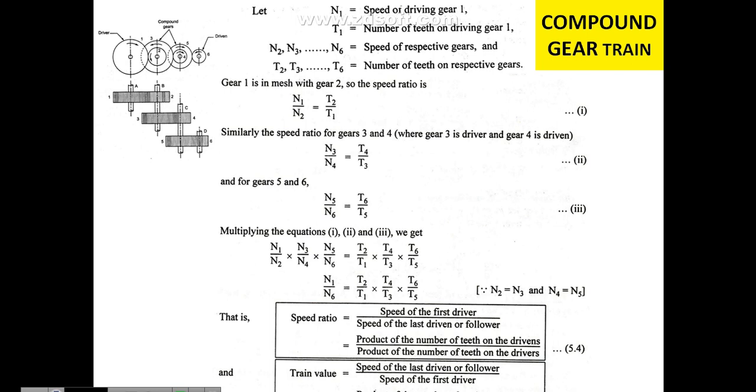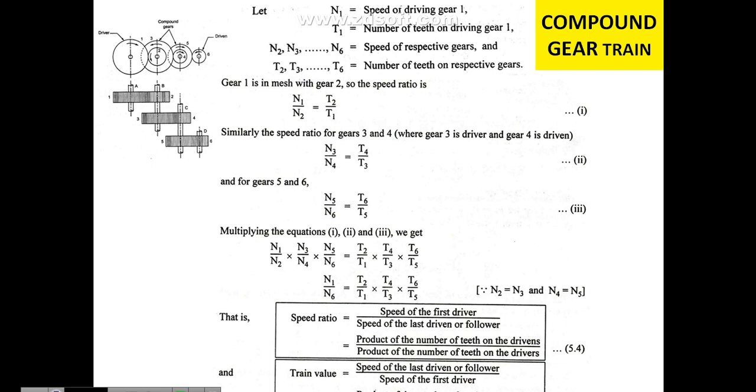You keep all the speeds on one side and number of teeth on the other side, and do the cross multiplication, because here some speeds are the same. N2 is equal to N3, N4 is equal to N5. So you do the cancellation, and finally you achieve N1 by N6 is T2 by T1 into T4 by T3 into T6 by T5.